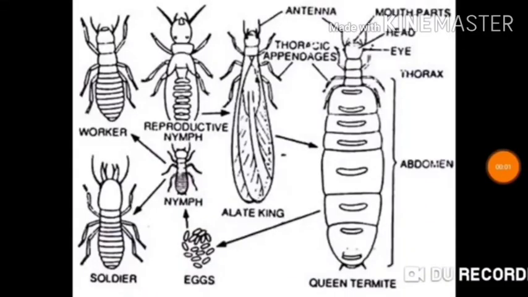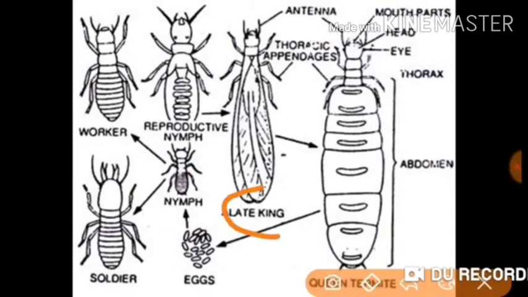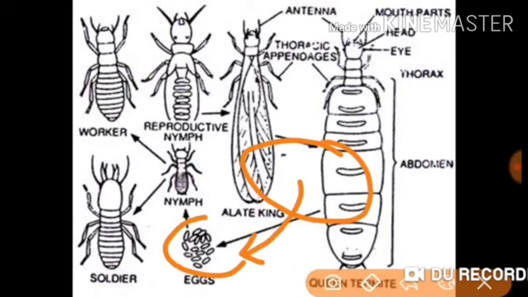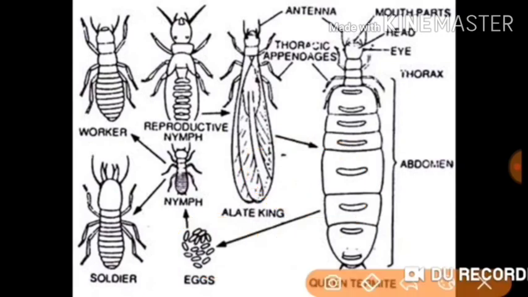So friends, see here, this is the life cycle of the termite. And if you see here, this is the elite king, that is the male one, and this is the queen termite, that is the female one. When both undergo copulation, it leads to the formation of eggs, and these eggs get developed into nymphs, which undergo three moltings in the nymph stage, right?